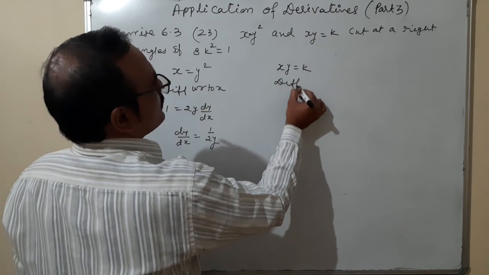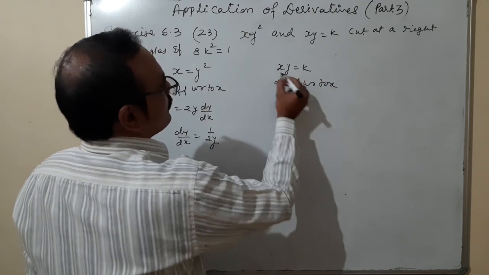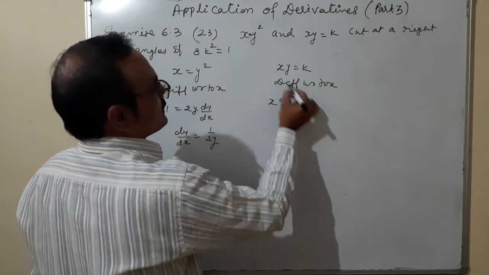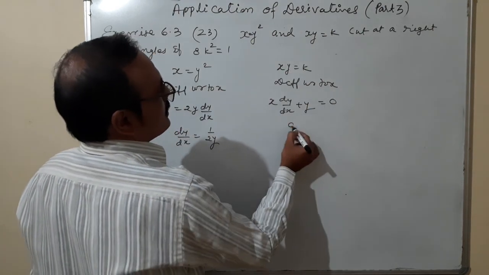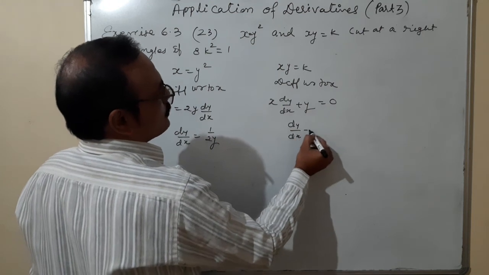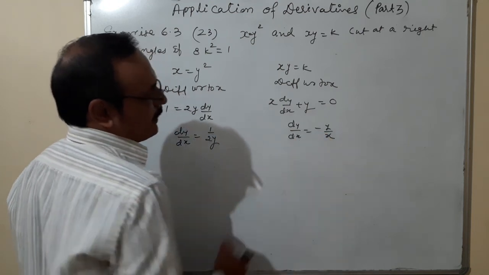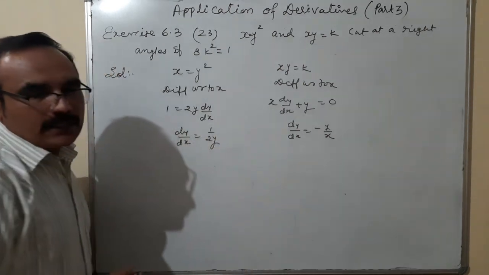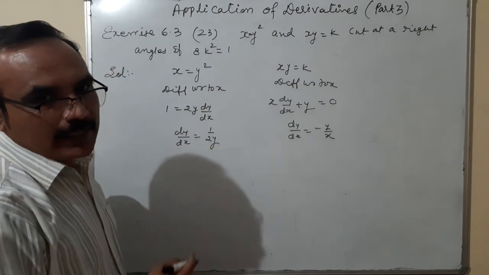Here again differentiate with respect to x. First function, differentiation of second function, plus second function, differentiation of x1 is equal to 0. So here dy by dx is equal to -y upon x. Is that okay? Now the condition is they are cutting at a right angle.